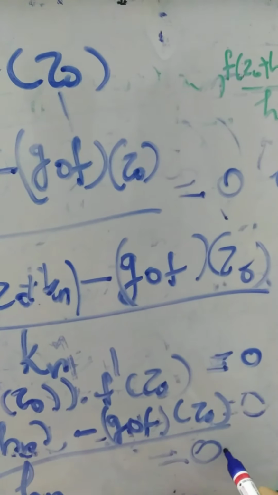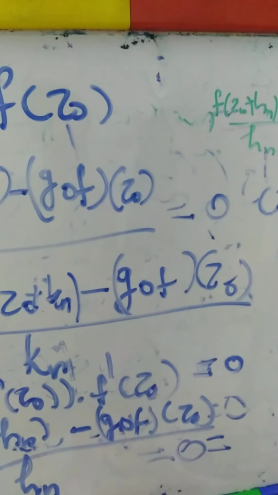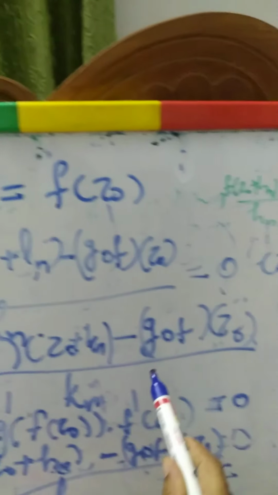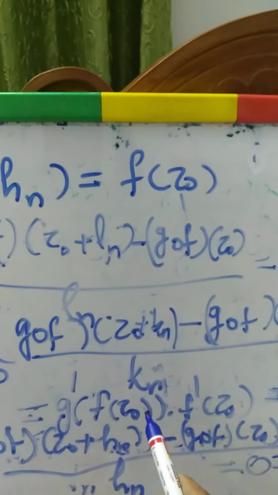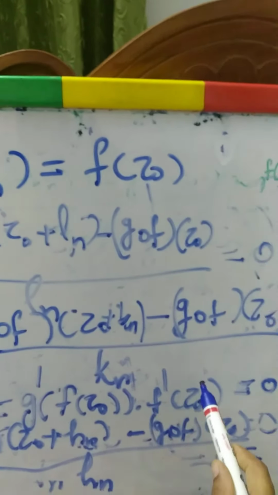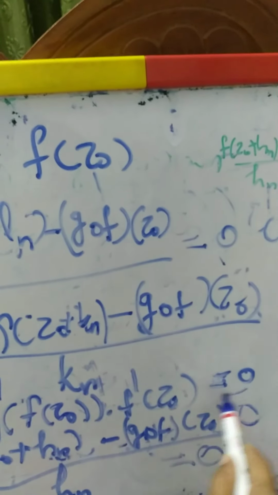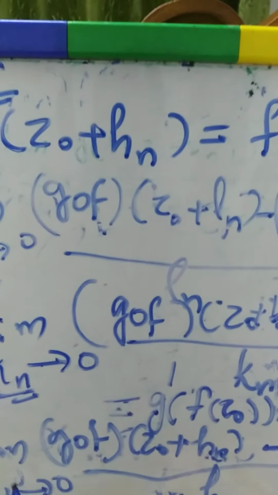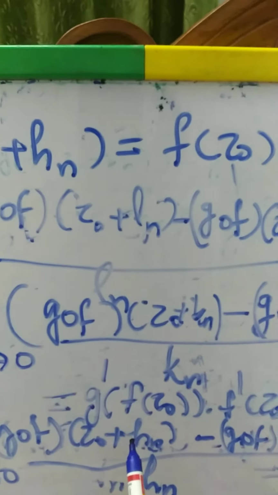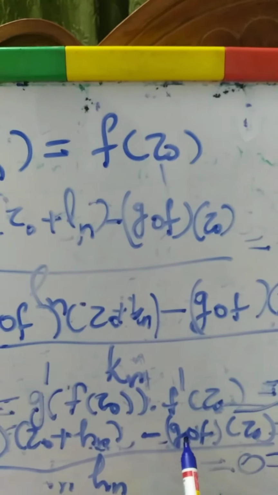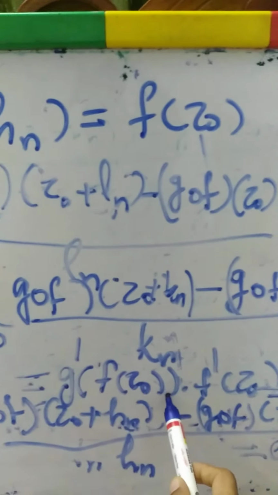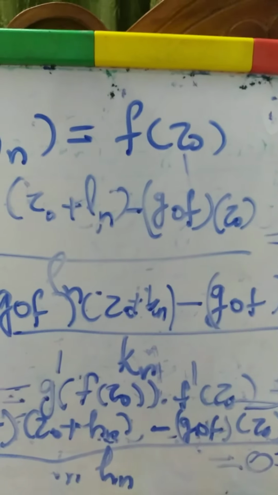So this 0 must be equal to G dash of f of z naught into f dash of z naught by using this part. So the limit as Hn tends to 0 of G composition f of z naught plus Hn minus G composition f of z naught divided by Hn is equal to G dash of f of z naught into f dash of z naught.